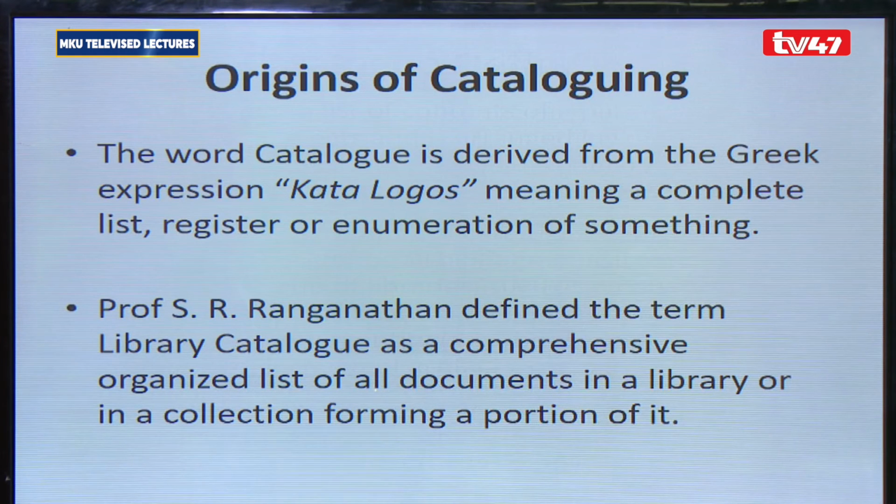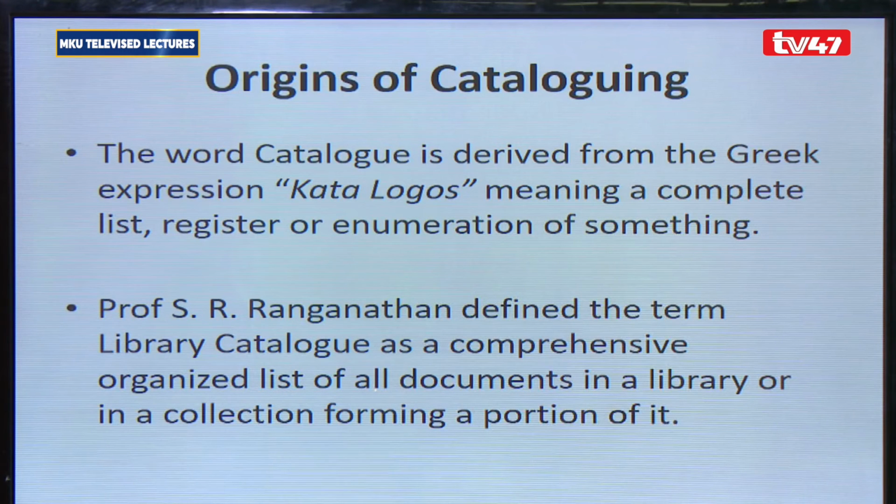Origins of cataloging. The word catalog is derived from the Greek expression kata logos, meaning a complete list or register or enumeration of something. Professor S.R. Ranganathan, who was considered to be the father of library science in India, defined the term library catalog as a comprehensive organized list of all documents in a library or in a collection forming a portion of it.